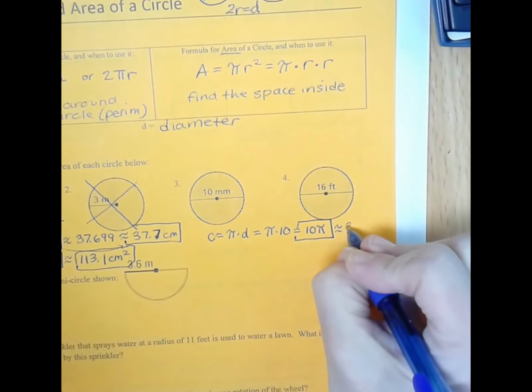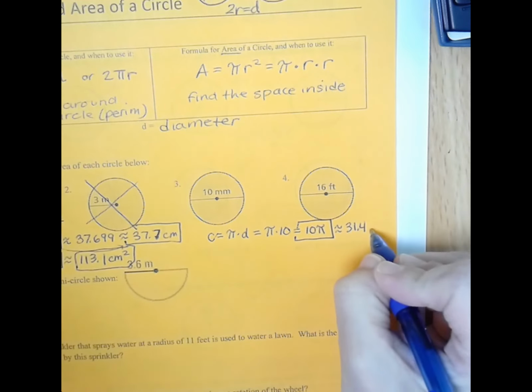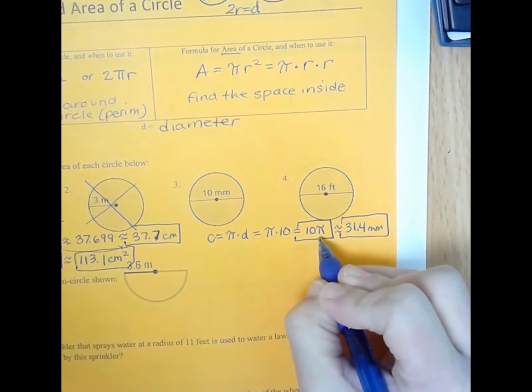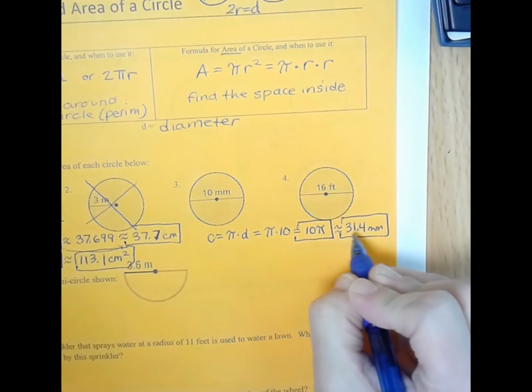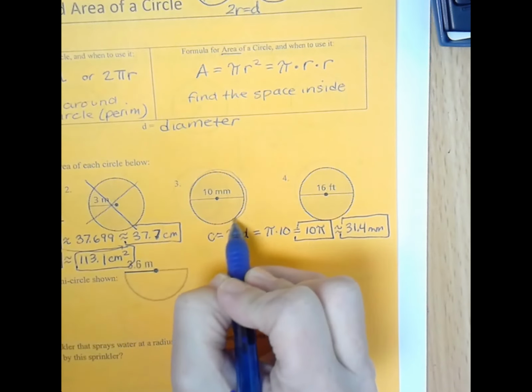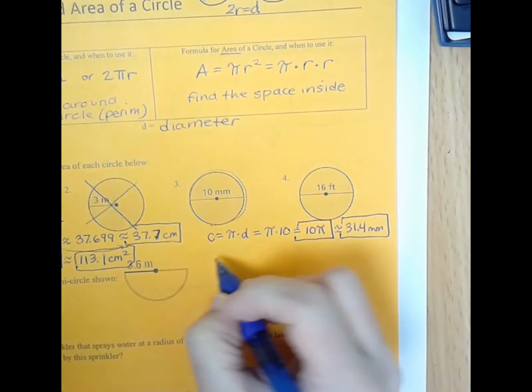So if we want to round that to the nearest tenth, we would say 31.4 millimeters. So this is our exact answer in terms of pi. This is what is approximate when we round it. So it's about 31.4 millimeters around the distance of the circle, or around the circumference of the circle.